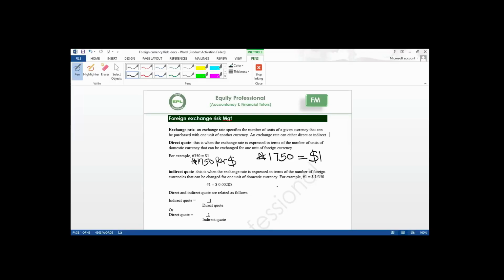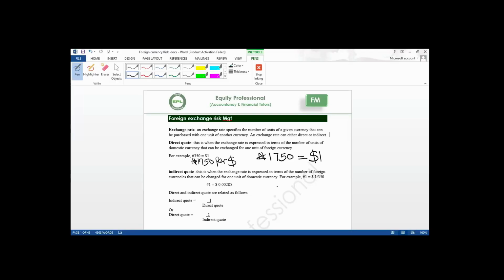The exchange rate is stated in terms of the number of units of foreign currencies that can exchange for 1 unit of domestic currency. That is indirect quote.